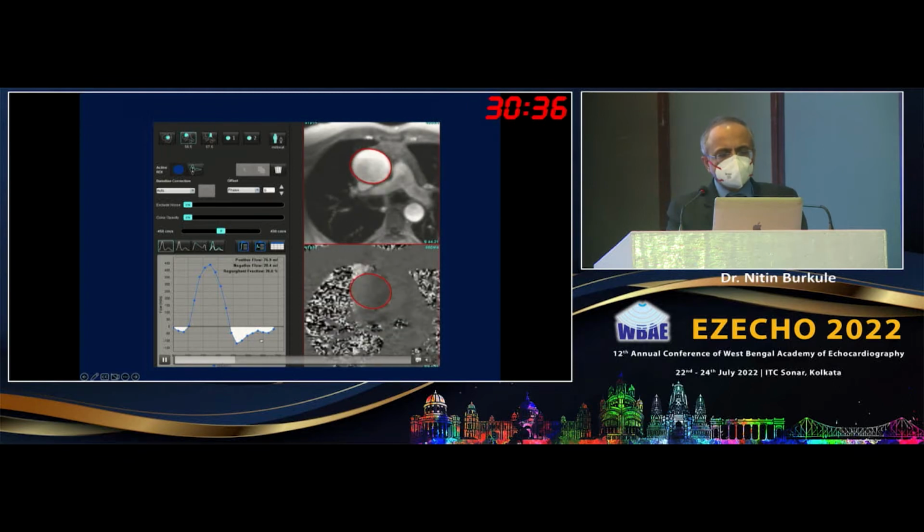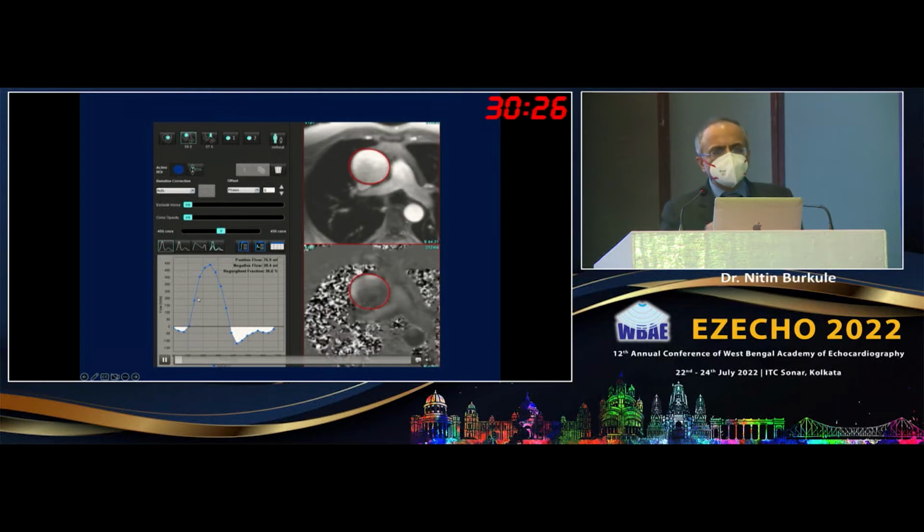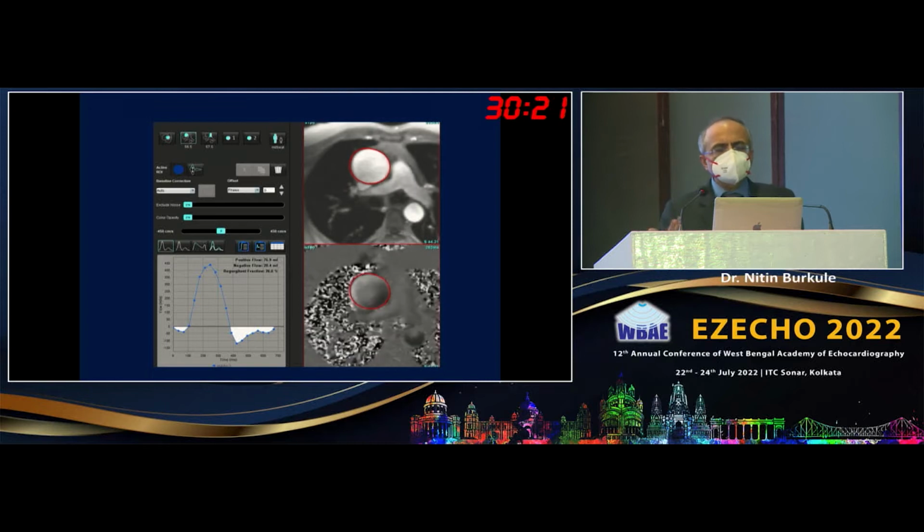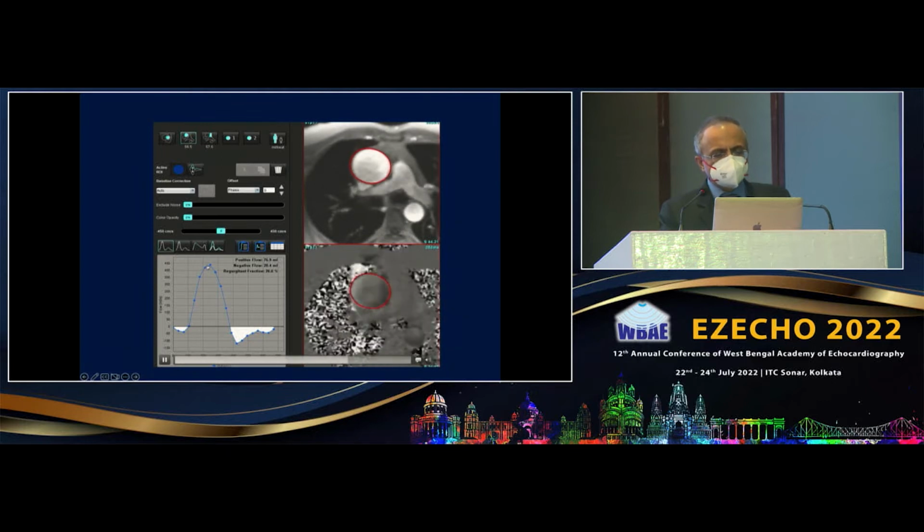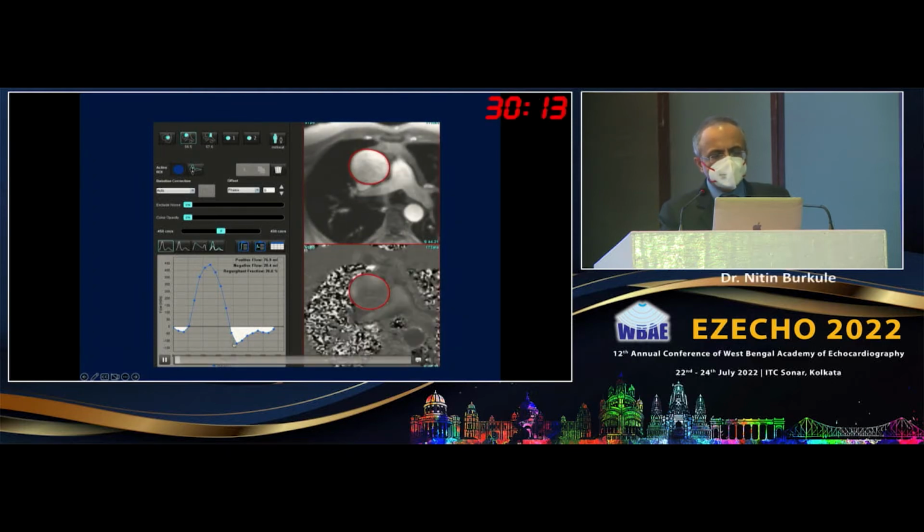Throughout the cardiac cycle, it gives you the forward flow and also the reverse flow. The data points are fewer, so your temporal resolution of flow quantification is much less than Doppler, because Doppler has a resolution of even 5 milliseconds. So you may miss a peak velocity on phase contrast imaging, but the power is the diastolic flow quantification.